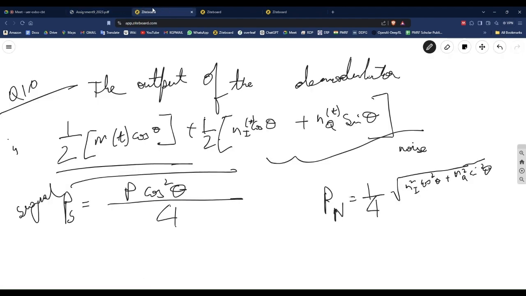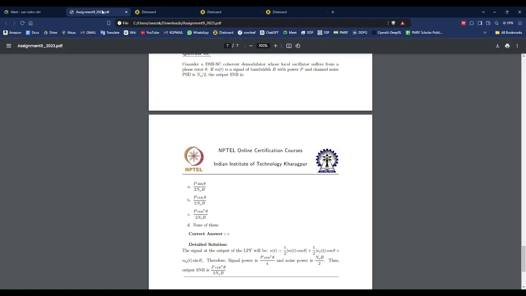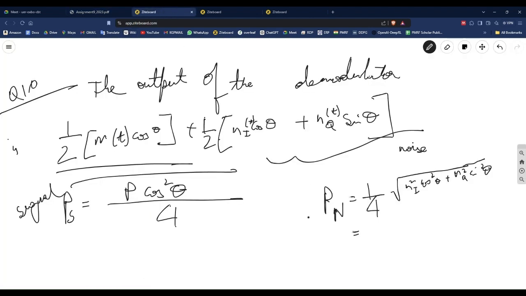Now, this will eventually evaluate to N naught by 2 into B, since the noise spectral density and bandwidth are given.